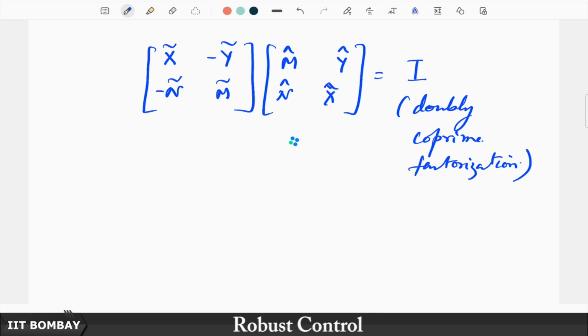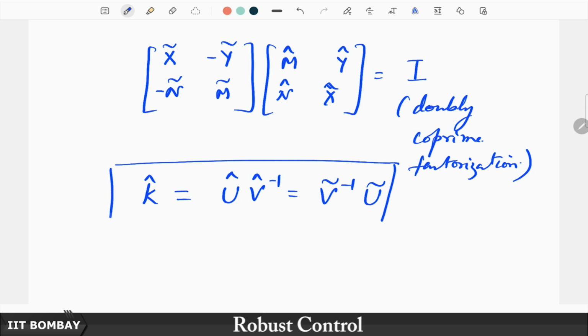So, now what we are going to claim, in the same spirit as we have done for the scalar cases, is that if you choose a controller of the form U hat V hat inverse, which is its right coprime factorization, or V tilde inverse U tilde, which is its left coprime factorization, then this is what we are looking for.